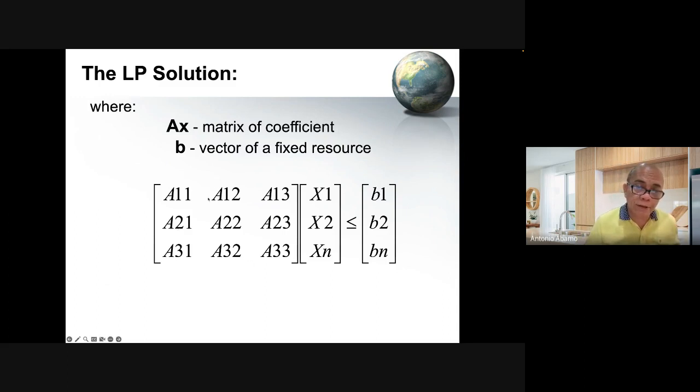These are the different coefficients. These are the different activities must be less than or equal to B, which is a column vector.